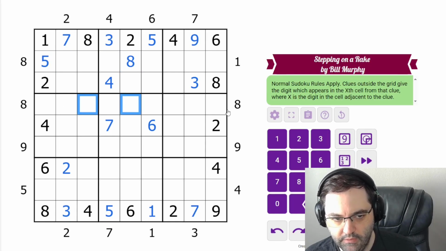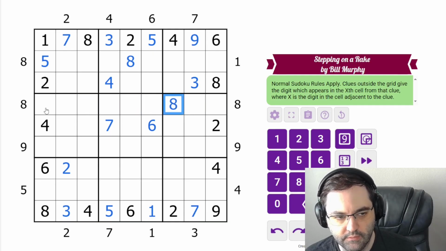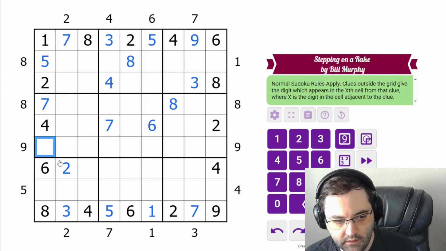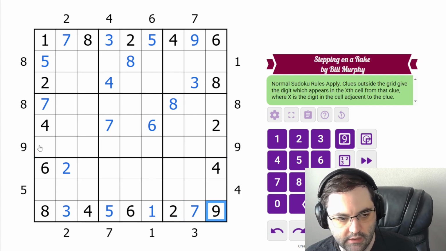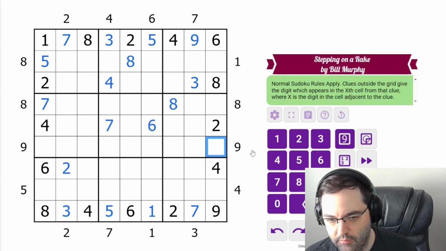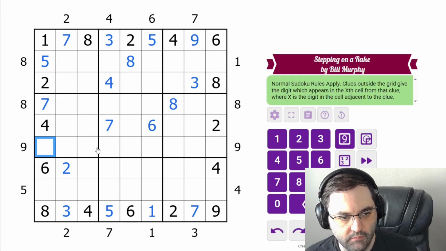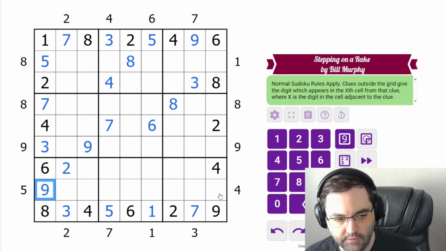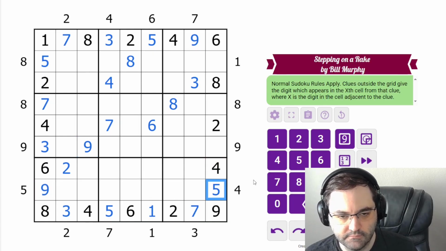Now it can't go in the 5th cell or the 9th cell, so this one must be the 7. 9 can't go in the 9th cell for the same reason that 2 couldn't go in the 9th cell. Obviously we had a 2, we have a 9 here, but also it would put a 9 here and break this clue. So this must be 3, and that means the 5 is the 9.